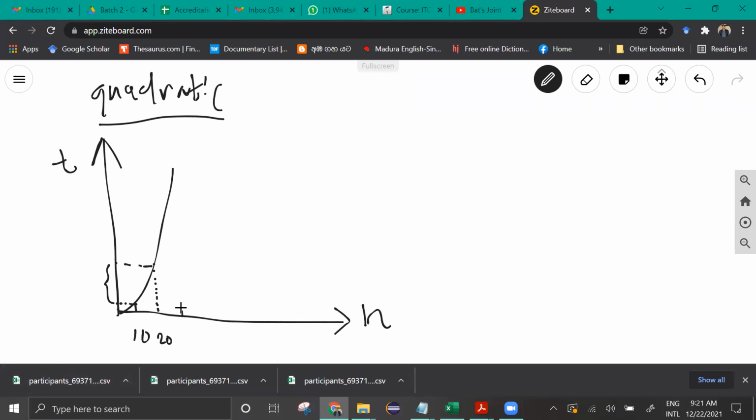Then if we take the same distance here, 30, this value is way too higher than this. Suppose this is 2 seconds, so this one would be way higher.